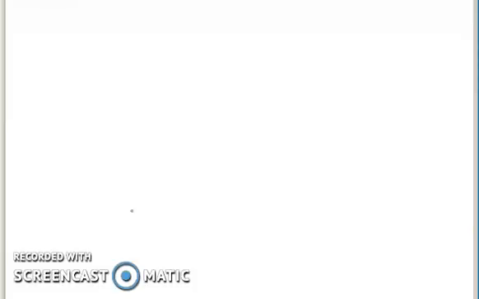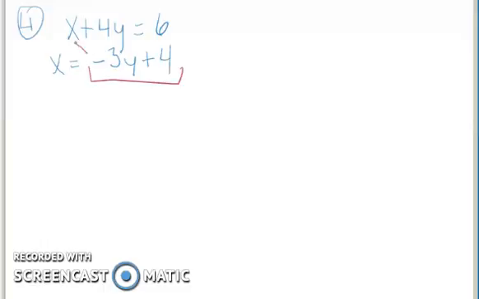Number 4, we're going to solve by substitution. We get x plus 4y equals 6, and then we get x equals -3y plus 4. What we're going to do is say this piece here is going to be substituted in for x in the other equation. It's already solved for x.